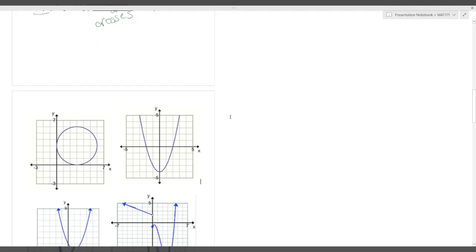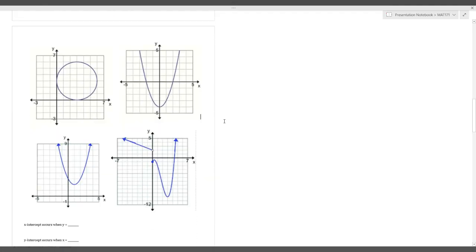So when we are looking at graphs, we can see that these are points that we touch or cross. In this case, we touch.